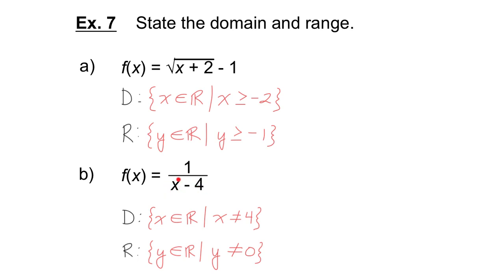You would then be trying to divide by 0, which you can't do, which means x cannot equal 4. That's the only restriction on x. Also, there's no way to get a y value of 0 because 1 divided by anything cannot equal 0. So that's how I came up with the restriction on the range.